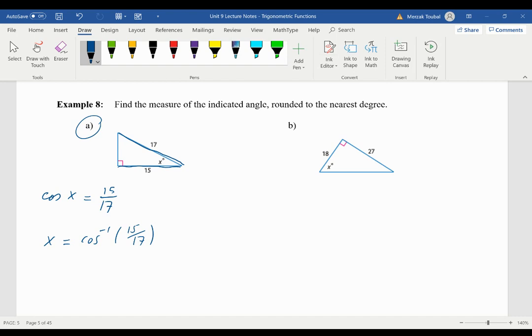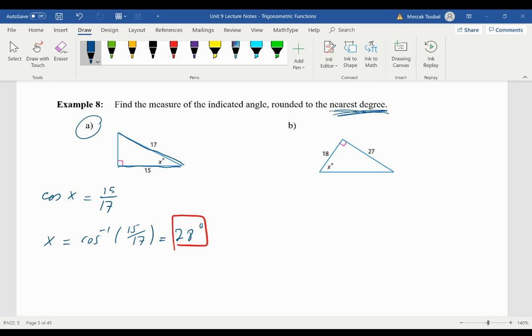Cosine inverse of 15 over 17 is approximately 28 degrees. Make sure your unit is set to degrees in your calculator. It shouldn't be in radians because we're looking for a measure of an angle to the nearest degree.